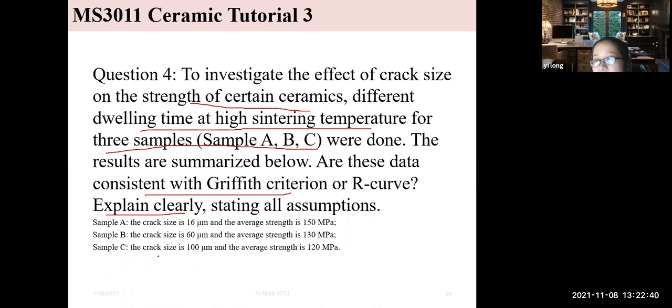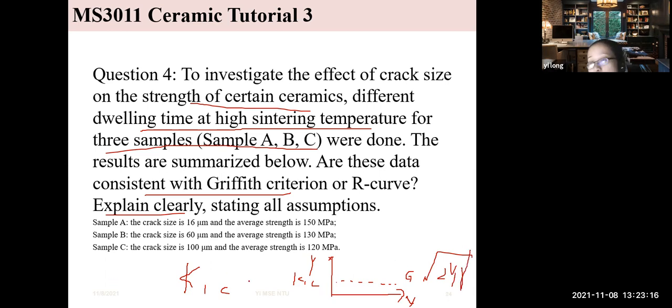Simply calculate K1C, which is toughness. If, for example, I put X here and this is Y, and K1C is not dependent on crack size, which means it's always a straight line, then we say it is Griffith, because it equals the square root of 2 times Young's modulus times surface energy.